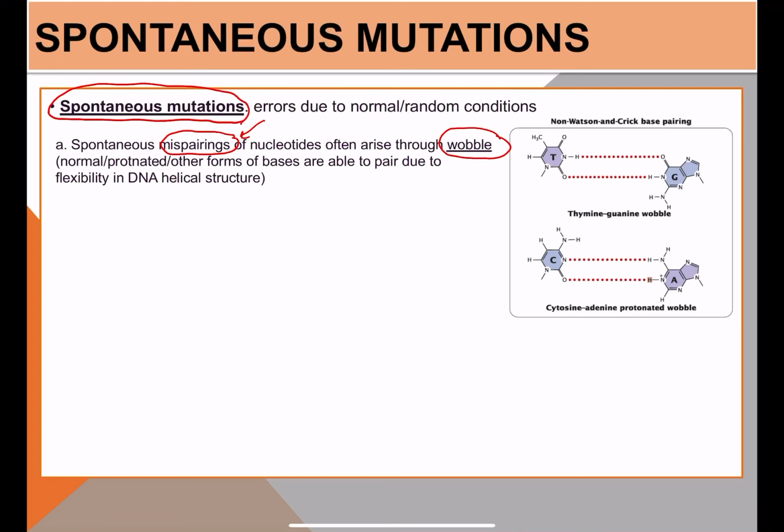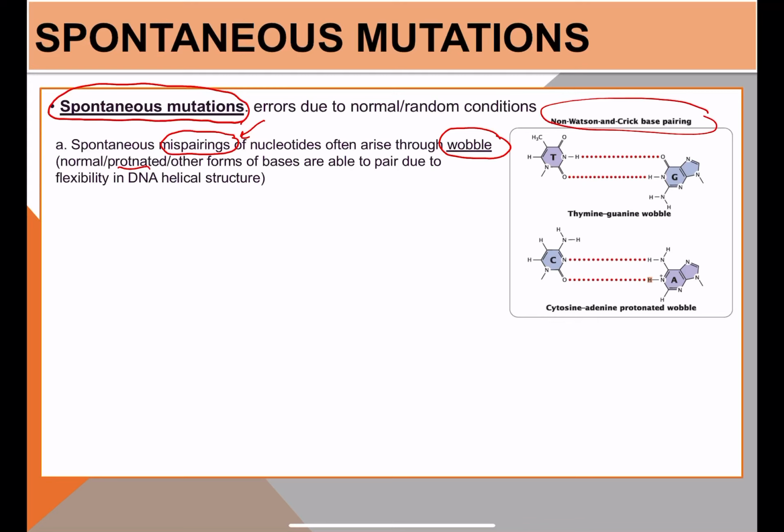Wobble can also sometimes randomly happen with normal DNA sequence where a nucleotide was more flexible. Okay, and instead of our usual Watson and Crick complementary base pairing, it pairs with another non-complementary base or even modified bases, those that are protonated or methylated, who knows? Sometimes there's all kinds of different special rare bases that can happen.